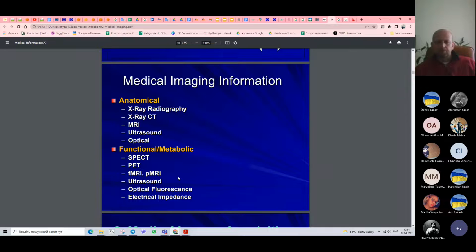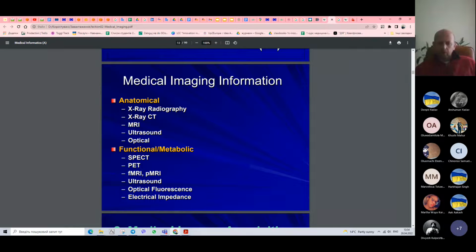Medical imaging information. For example, to study anatomy we use X-ray radiography, X-ray computer tomography, magnetic resonance, ultrasound, and optical methods to study anatomical structure.